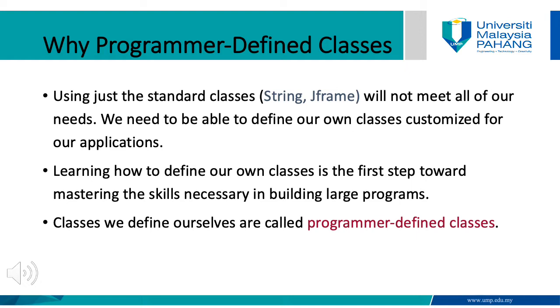So to meet all our needs, we have to define our own classes customized for our own application. We know what we want for the application that we're going to develop, right? So we will customize all the classes that will be included in building the application.